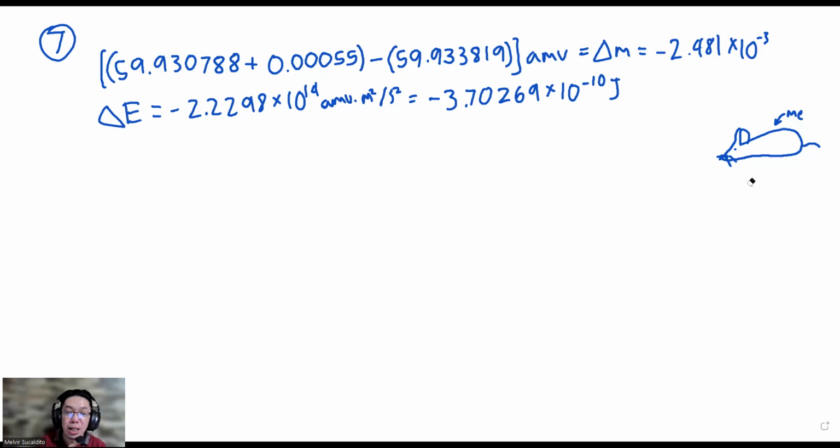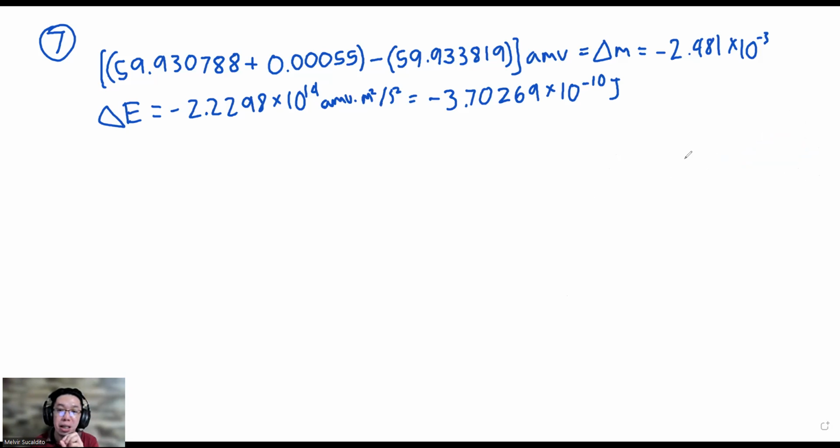So, ganun lang din yun, Joshua. Kapag meron kang mga problems or if you will encounter nuclear reactions, ganun pa rin. To get the energy involved in that nuclear reaction, katulad nito, Josh, recall, pag beta decay, yung tanong mo last time, hindi nag-add up yung electron tsaka yung mass ng antineutrino mo.